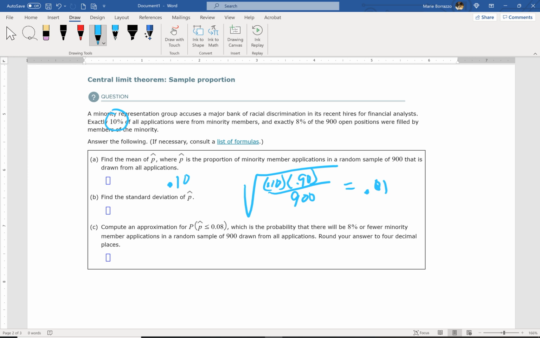Now, for the final answer here, you would have to do the z-score. So 0.08 minus that 0.10 divided by 0.01. All right, so let's find that z-score. 0.08 minus 0.10. All of that is divided by 0.01.